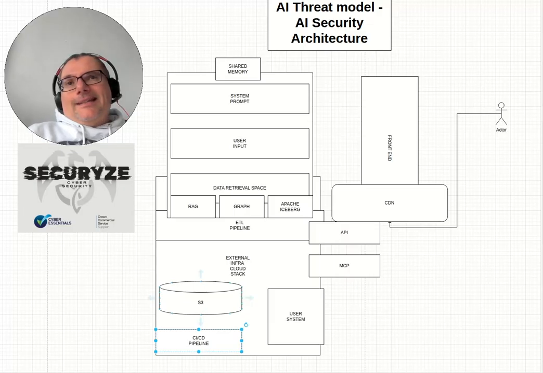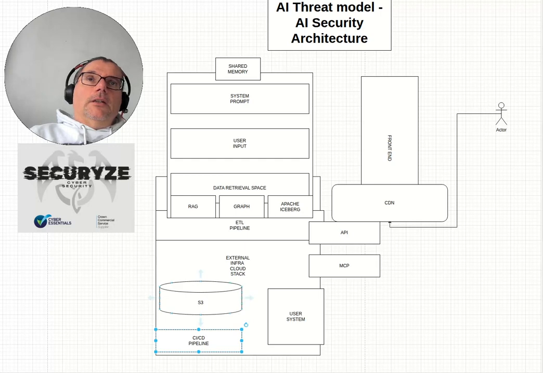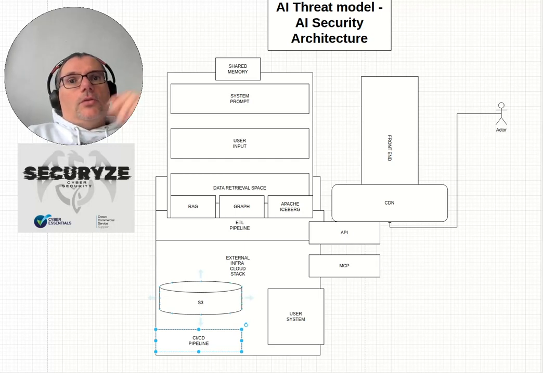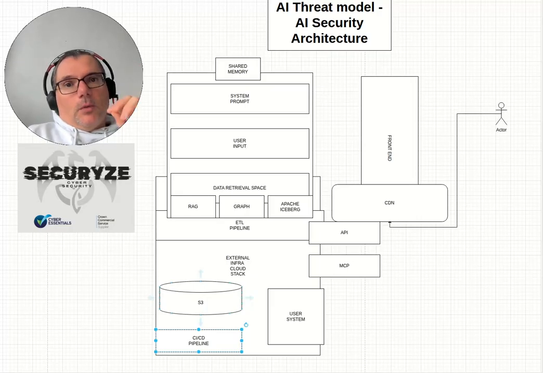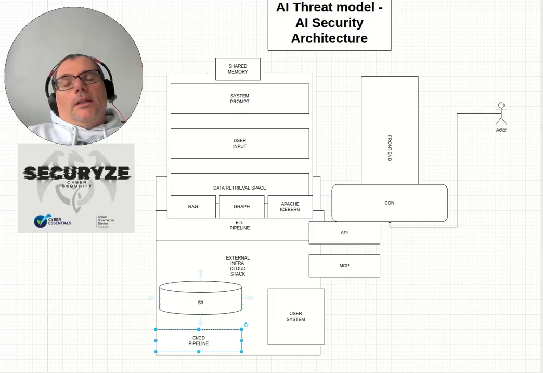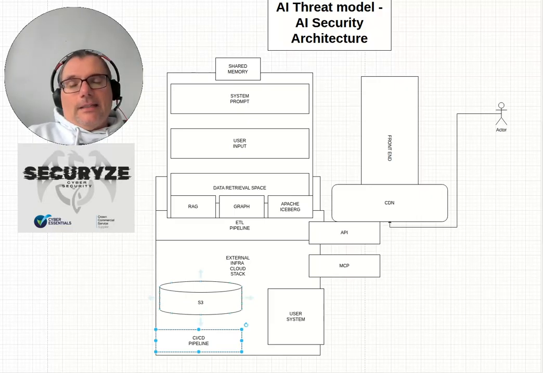If you take an example of a classical GCP with Vertex, for example, you can have some mixed components. For example, you can have a BigQuery where you collect all this data, and later you could have an Apache Iceberg, or an external component that does the embedding of all this RAG.